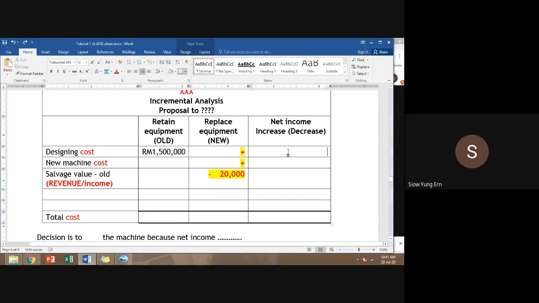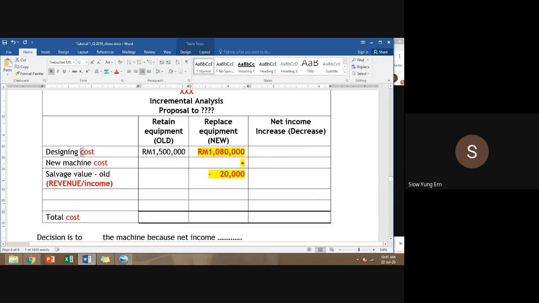$420,000. Your amount is correct, but your symbol is wrong. This is 1.5 million, but when you come here, it becomes 1.08. Do you see it reduce from 1.5 to 1.08?